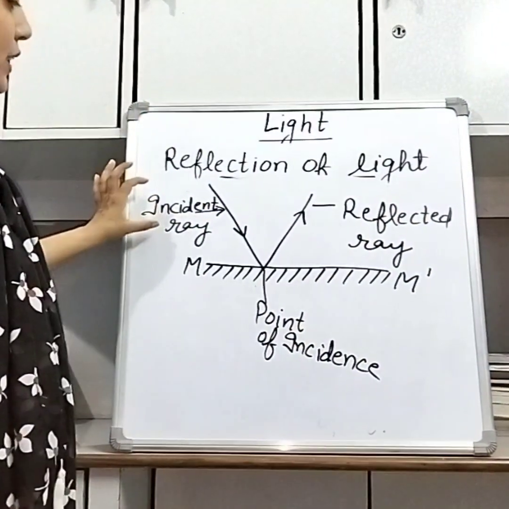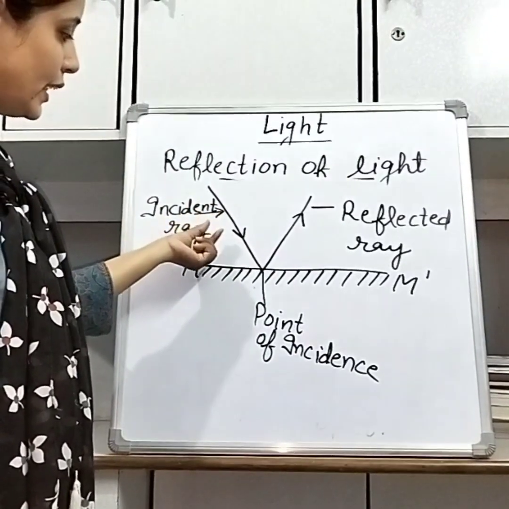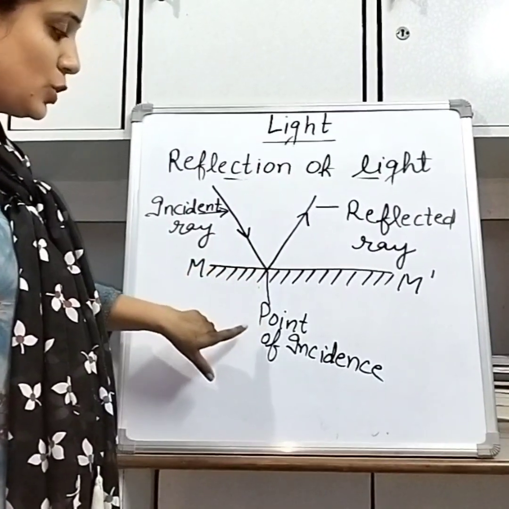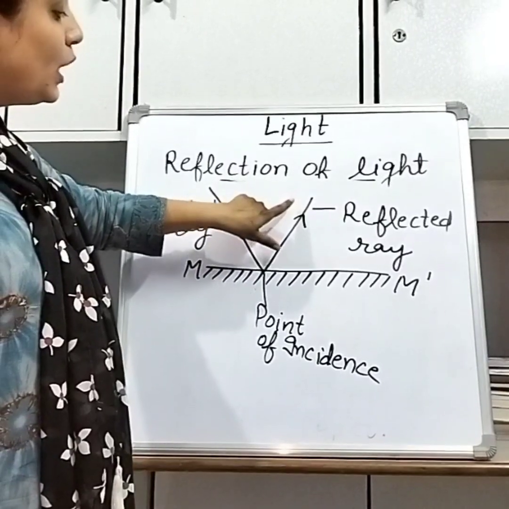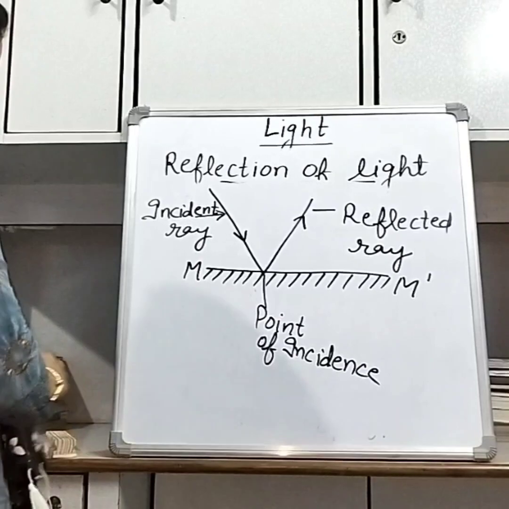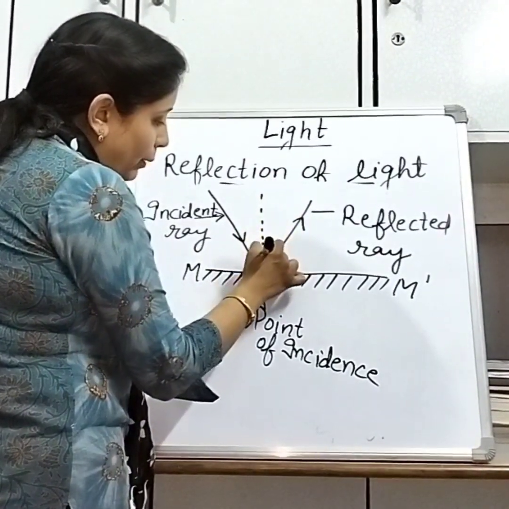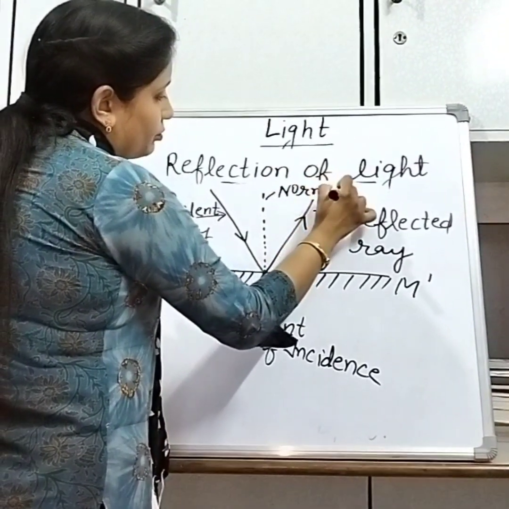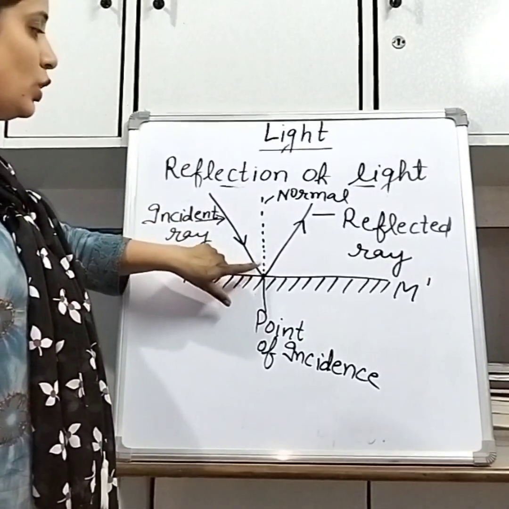So what do you mean by incident ray? The ray which is incident on the mirror surface is known as the incident ray, the point on which the ray is incident is known as the point of incidence, and the ray which is sent back by the mirror is known as the reflected ray. At the point of incidence, we draw the perpendicular line, that is known as the normal.